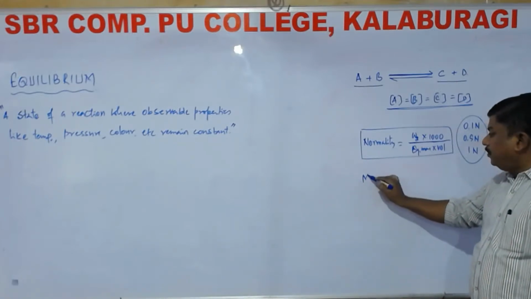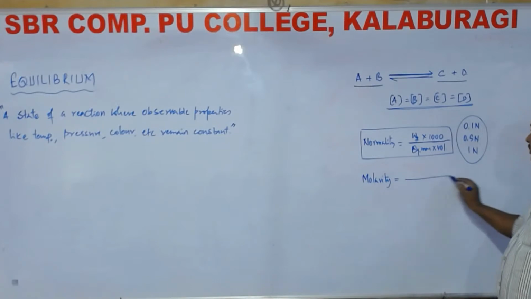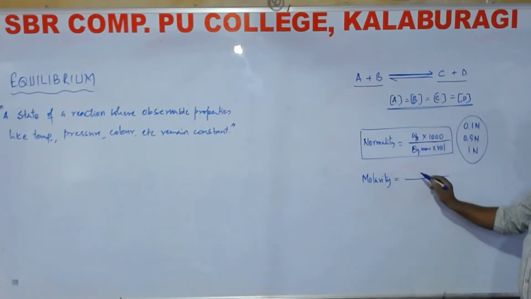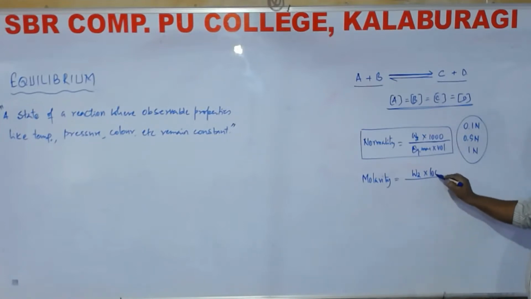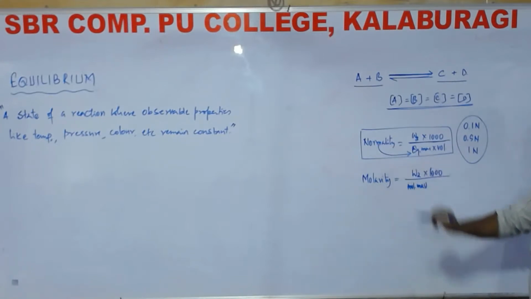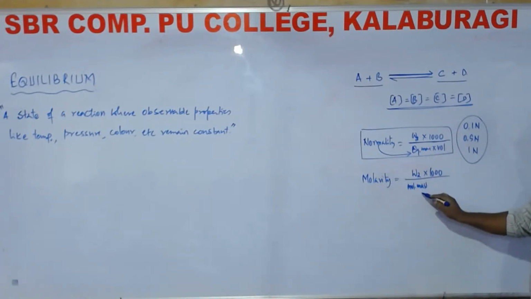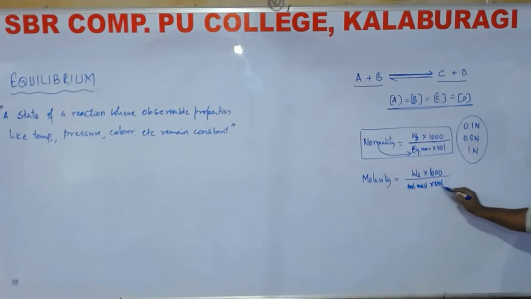Another term that is very similar to normality is molarity. What is the difference between normality and molarity? W2 is the mass of the solid, 1000 is there, divided by molecular mass. In normality, we take equivalent mass. In molarity, we take molecular mass into the respective volume of the respective solvent.